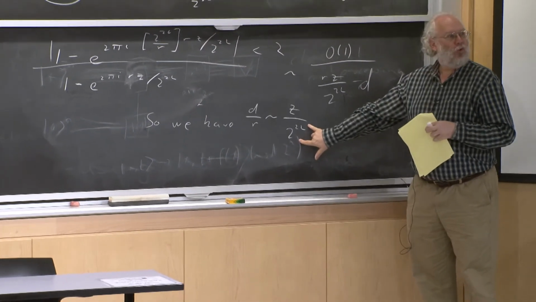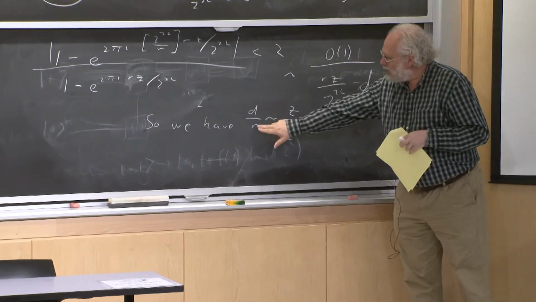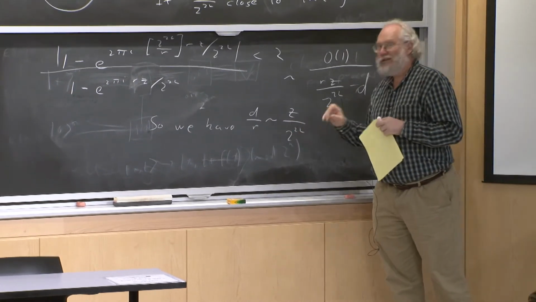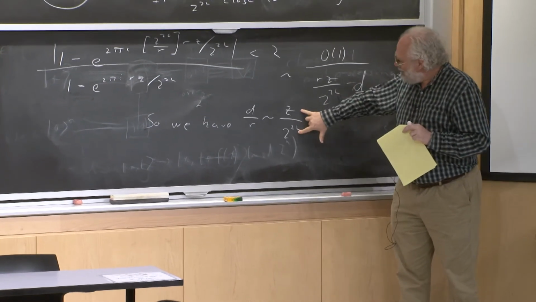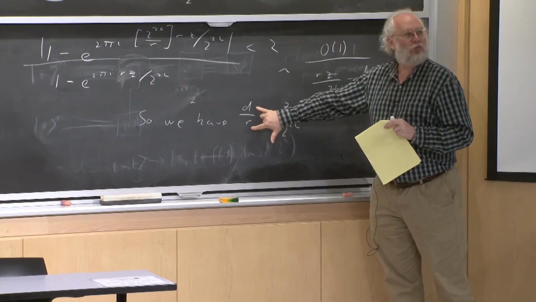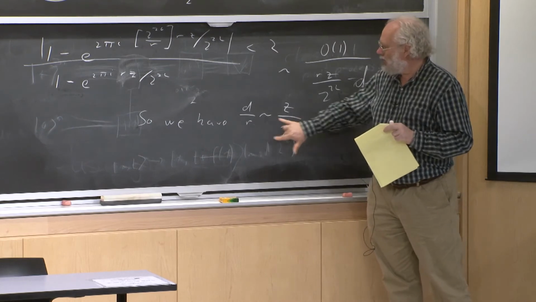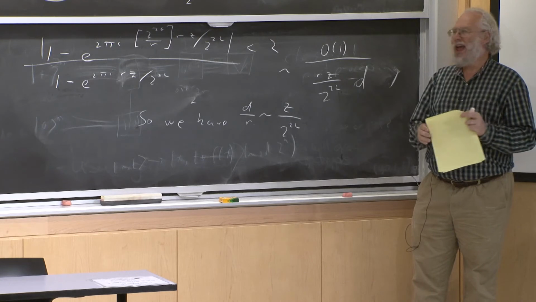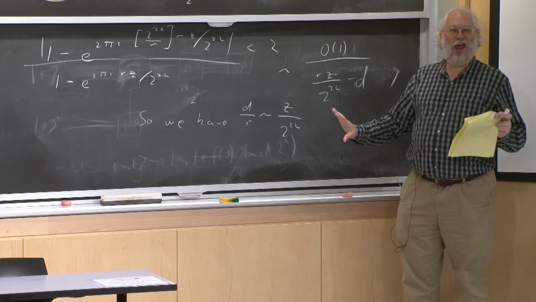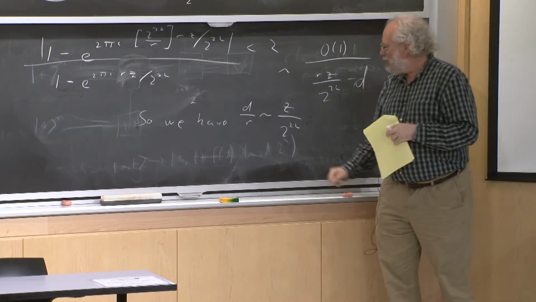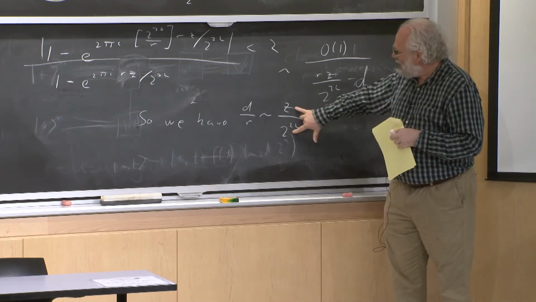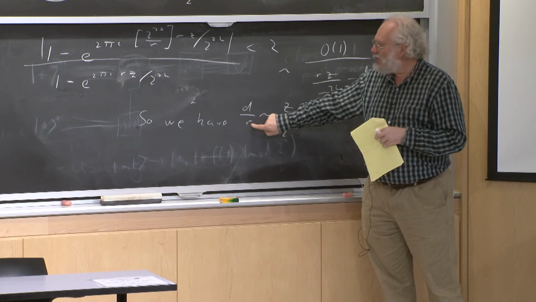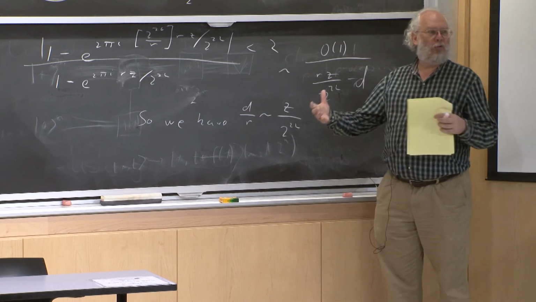We know 2 to the 2L, and we need to round it off to something like d over r. And there is a procedure for rounding real numbers off to smaller fractions that is efficient, and it's called continued fractions, and we'll talk about that later. But it's a classical algorithm, so once we get this, we can round it to d over r, and then we found r, which was the period we were looking for.